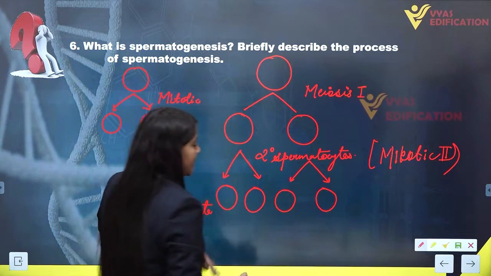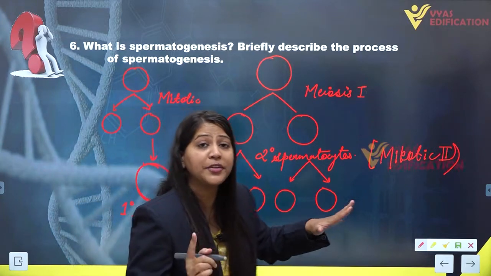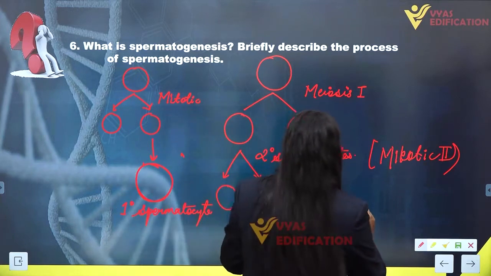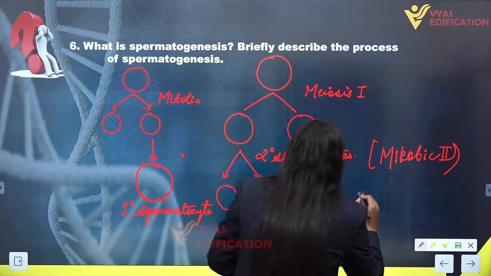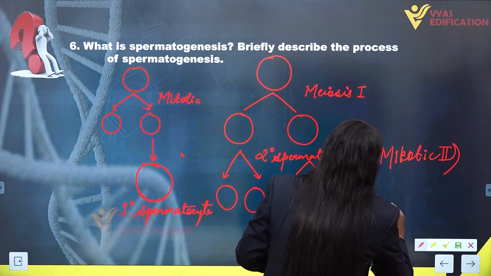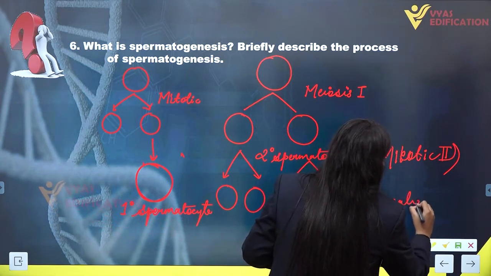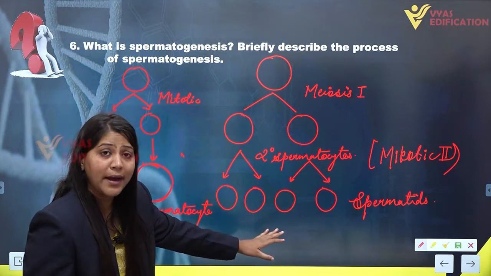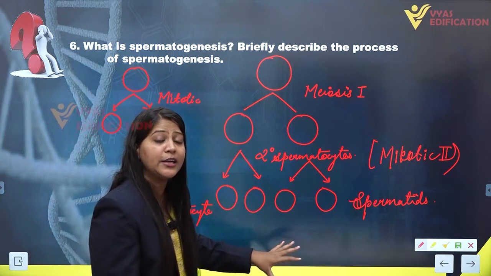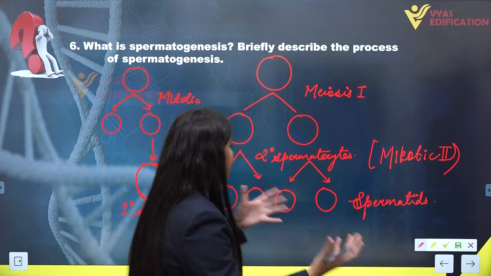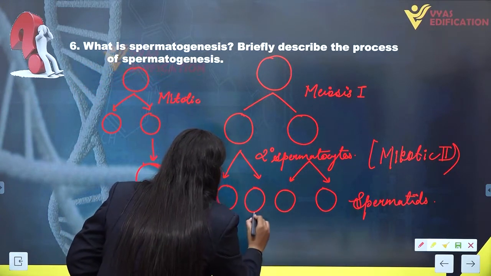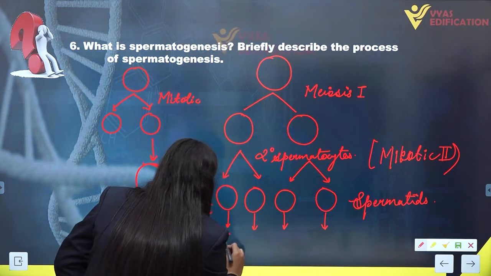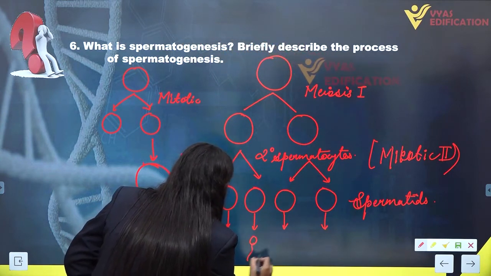These 4 cells, after completing the meiotic division, are known as spermatids. Now, all these spermatids will differentiate into a new structure and form sperm cells or spermatozoa.